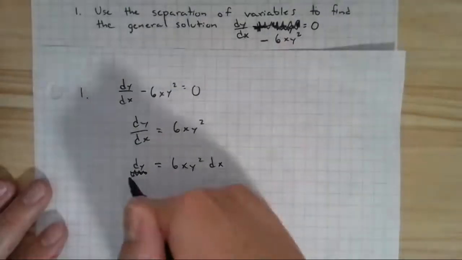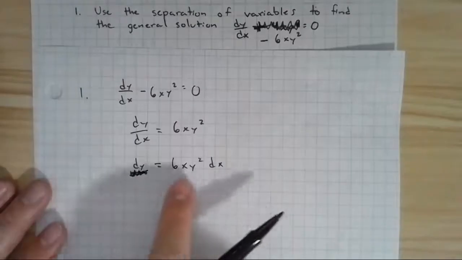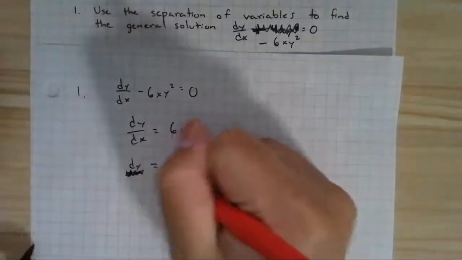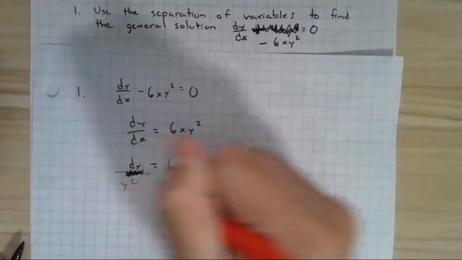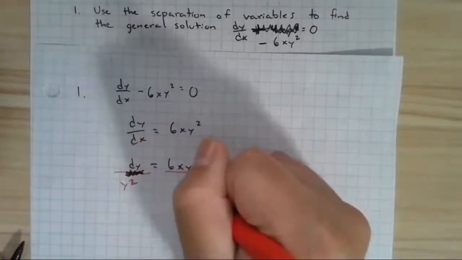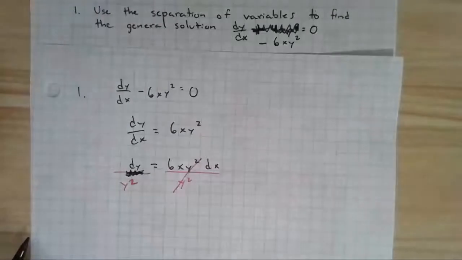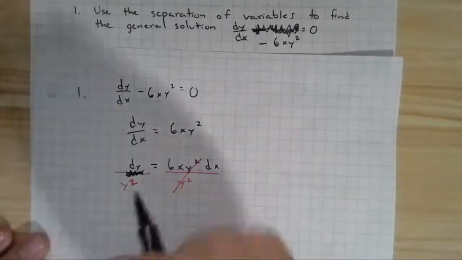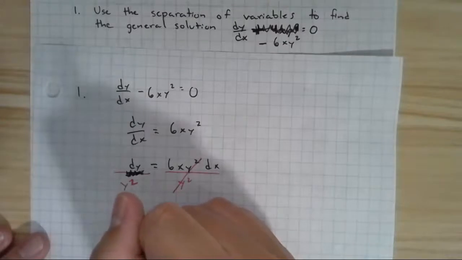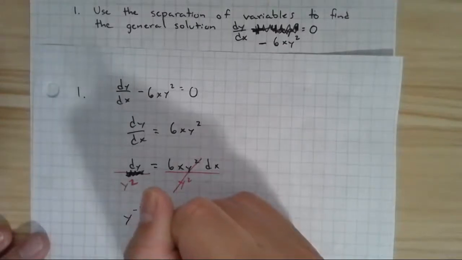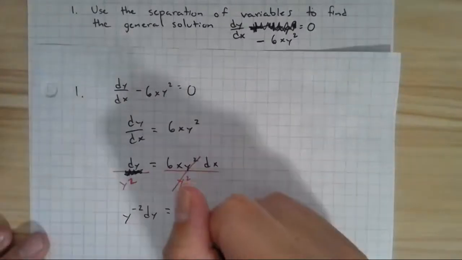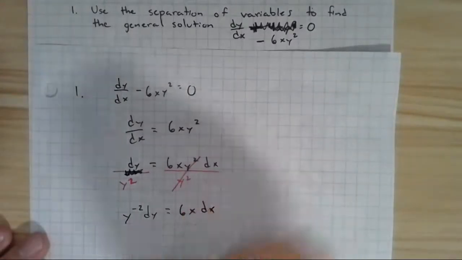Okay, sorry, I made a mistake there. Then I'm going to divide both sides by y squared. Okay, those y squareds will cancel there. And so then right here on the left side, another way to write this will be y to the negative 2 dy. That's equal to 6x dx.